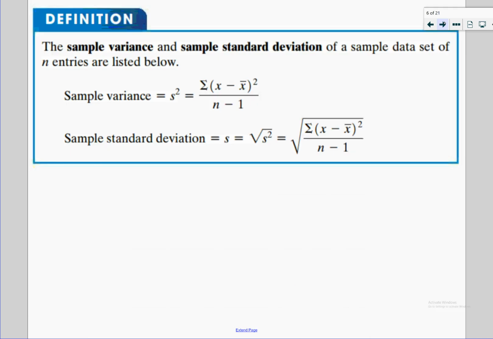Everything we just did was population. If it's a sample, the formula changes just slightly. If it's a sample, you're going to use an S instead of that lowercase sigma for the variance and the standard deviation. Notice we see X bar now instead of our mu, but that's just a symbol change. Calculation is not different.